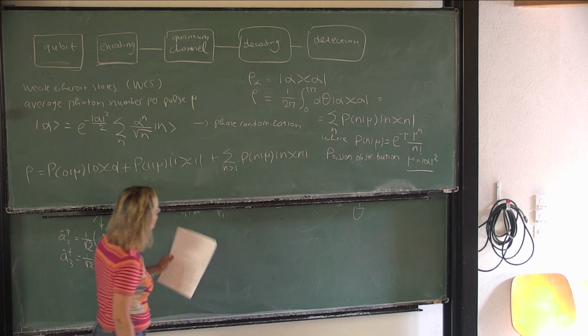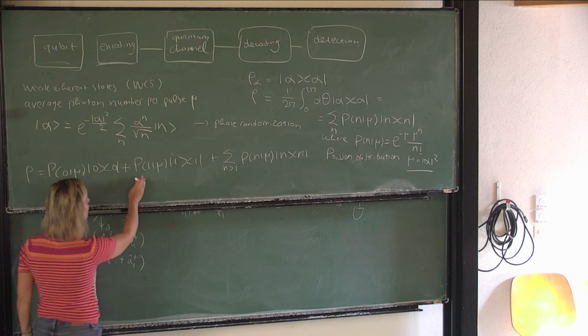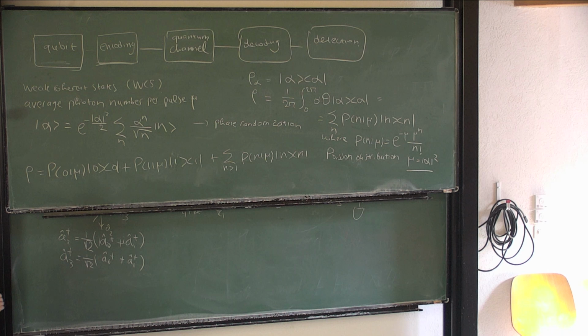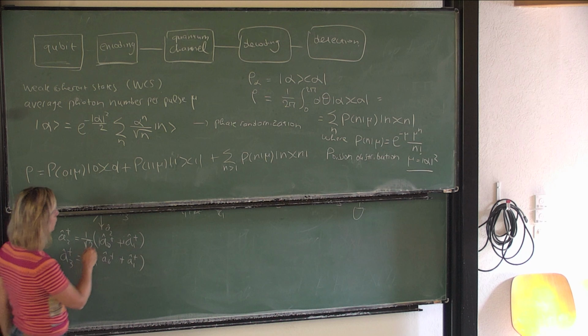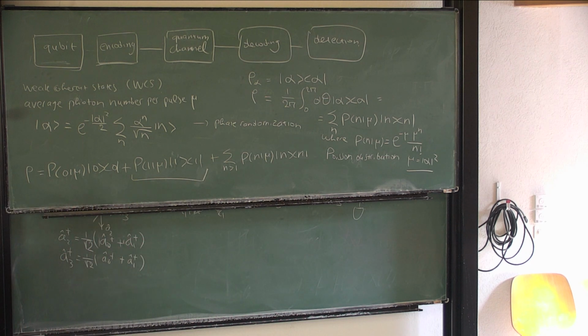Essentially, I've removed the n equals 0 component and the n equals 1 component, because the one that is actually used in all these weak coherent state implementations of QKD is this one, the single photon component.